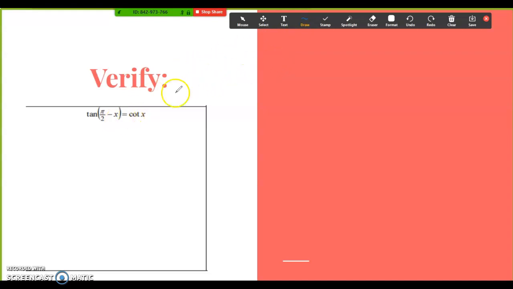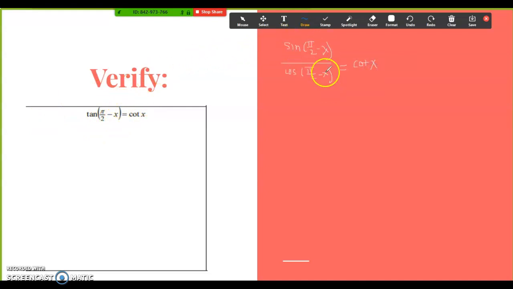So this identity is also true if I write it like this: the sine of pi over 2 minus x, over the cosine of pi over 2 minus x, is equal to cotangent x. All I did is rewrite tangent in terms of sines and cosines.